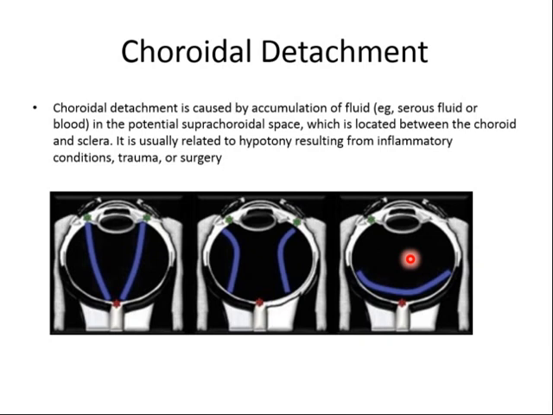Another thing is choroidal detachment, which is caused by accumulation of serous fluid or blood in the potential suprachoroidal space, between the choroid and the sclera. This one is the choroidal detachment: two membranes not attached posteriorly to the optic disc, and anteriorly extending, sometimes more anterior than the ora serrata.